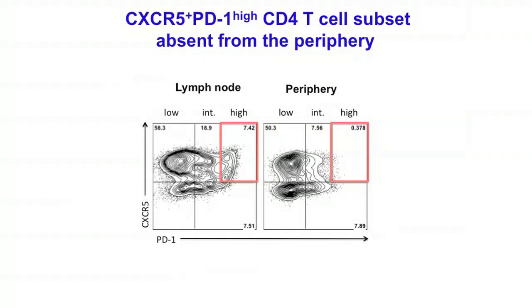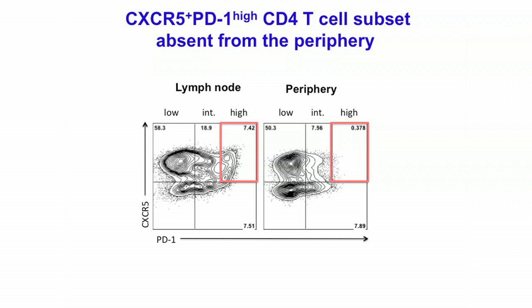They have not been defined thus far in human lymph nodes, so we had to see what they are actually expressing. We found, as has also been shown in mice, that the CXCR5-positive PD-1 high population are also the ones that express the transcription factor BCL6.